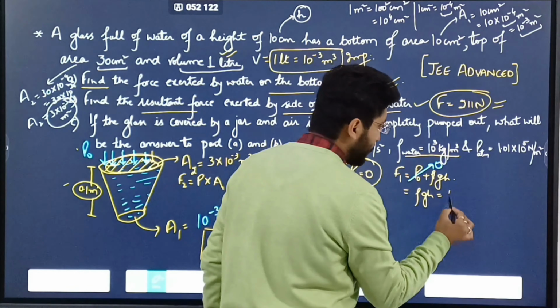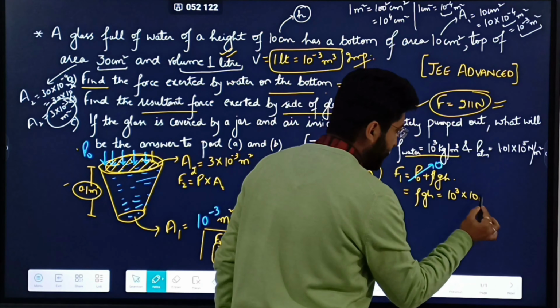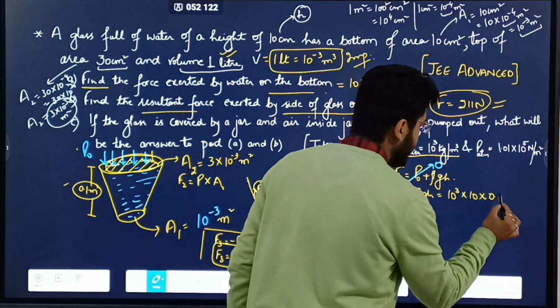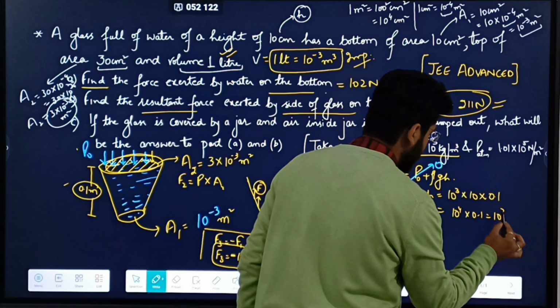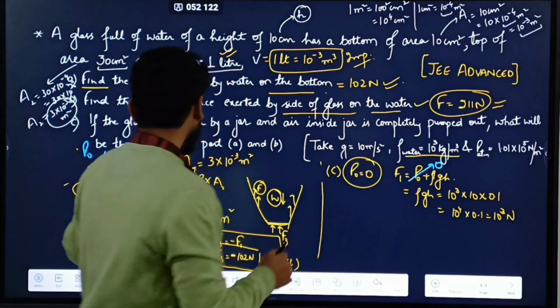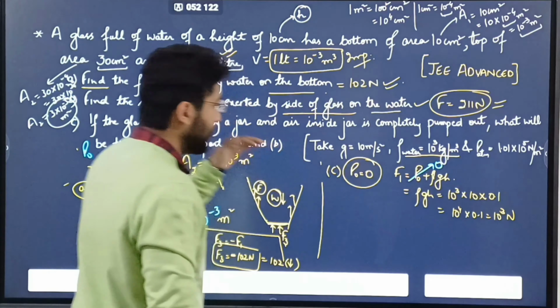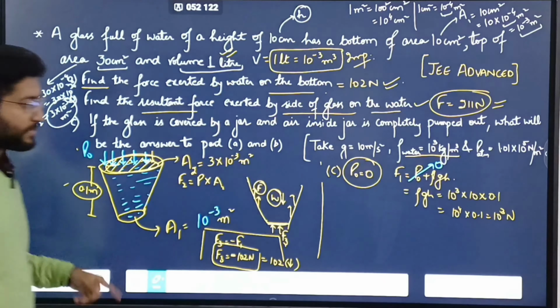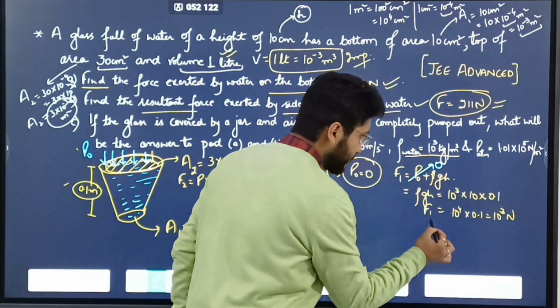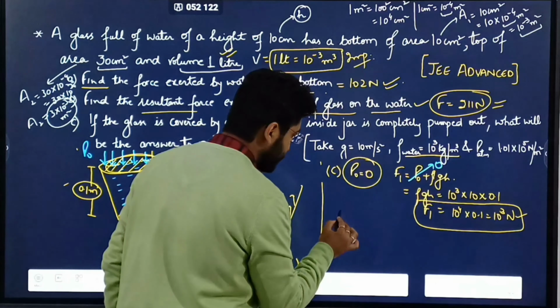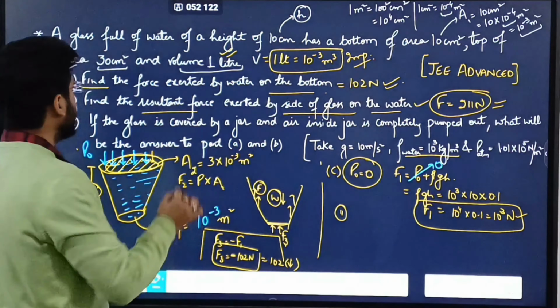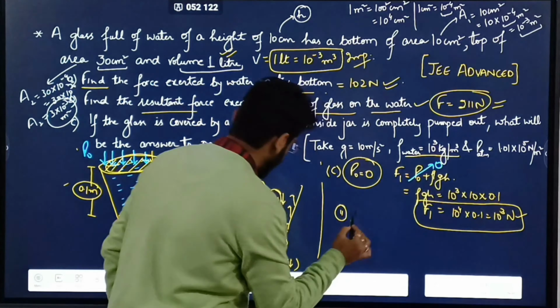Rho g means density of water multiplied by 10, and h is the height, which is 0.1 meter. That comes to be 10^3 Newton. So for the third part, the first force on the bottom surface comes to be 10^3.